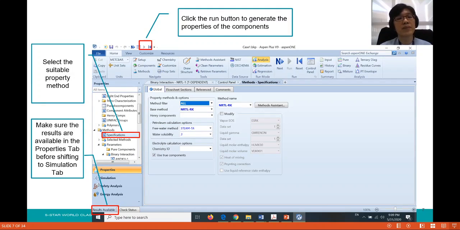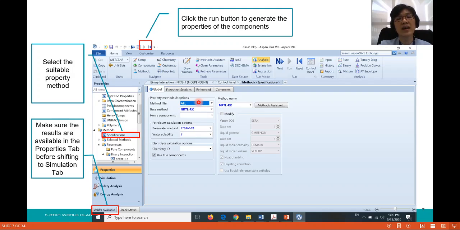Here, of course, you have to select the property method. Not very challenging because the method is given to you. You don't need to make your own decision based on some references. The method recommended is NRTL-RK. In order to see NRTL-RK, you first have to change the method filter here to All.